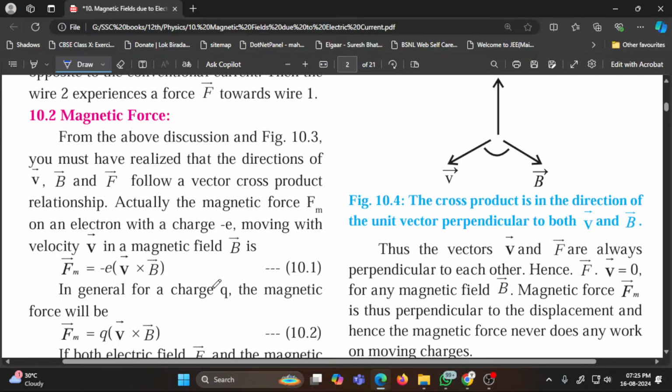Actually, the magnetic force Fm on an electron with a charge E bar moving with a velocity in a magnetic field B bar is given by Fm bar is minus E in bracket V bar cross B bar, or Fm bar is equal to Q in bracket V bar cross B bar.